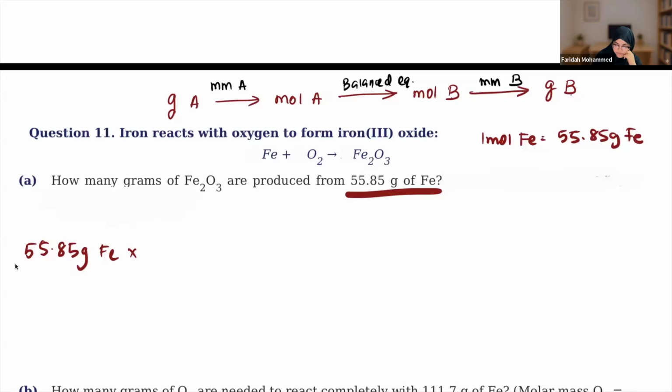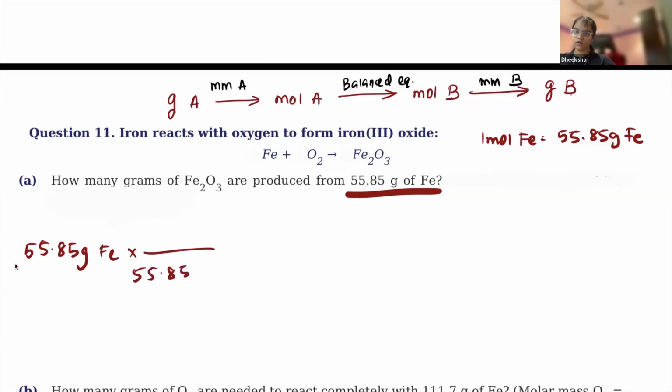We already have the mole in front, right? So you don't have to say grams per mole anymore. And then I put the 55.85 grams on the bottom to cancel out, and the 1 mole of iron on the top.